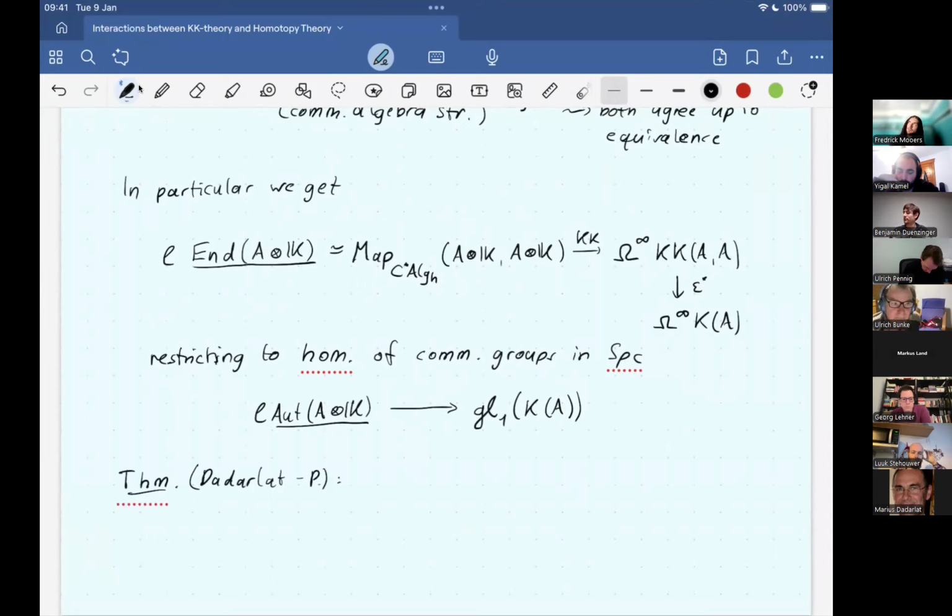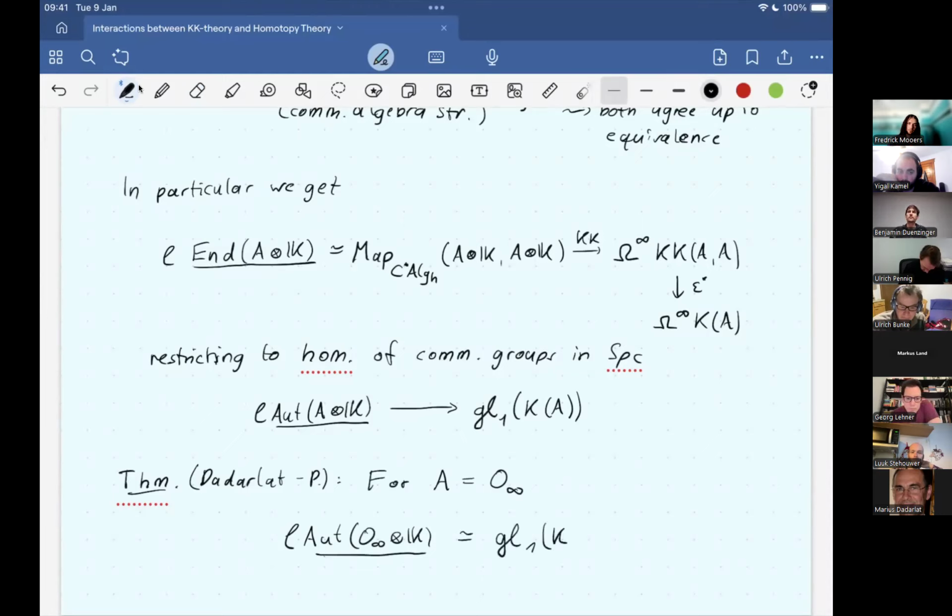For A equal to O infinity, this map is actually an equivalence.